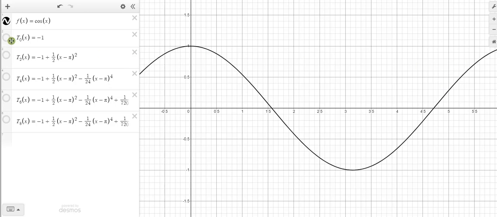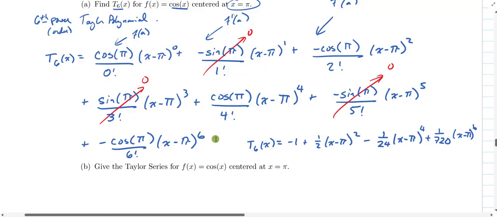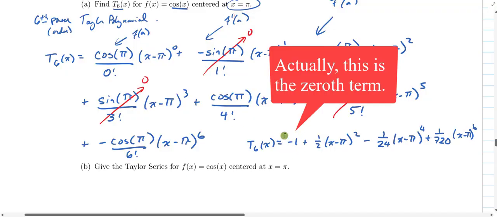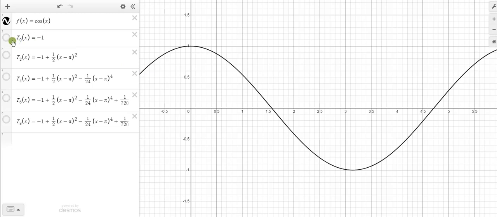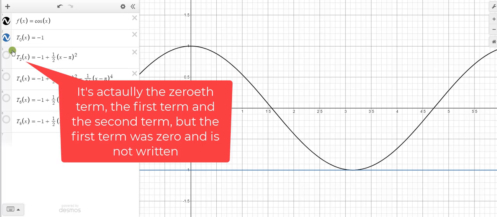And if I looked at the T0 polynomial, which for us would just be the first term of our T6 polynomial, -1, let's sketch that graph on our Desmos curve. So here we go. There is that T0 polynomial in blue. Likewise, here you can see our T2 polynomial, which is just the first 2 terms of that T6 polynomial, and I'll sketch that here. It shows up in green.